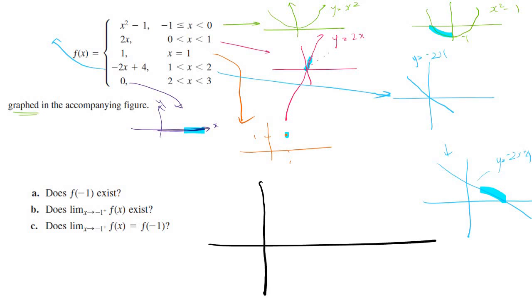This is the combination. You will see from minus 1 to 0 a graph like this, and here it does not include 0, so I'm going to put an open circle there.